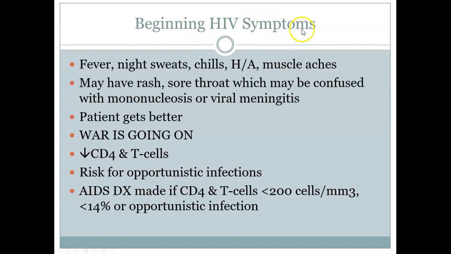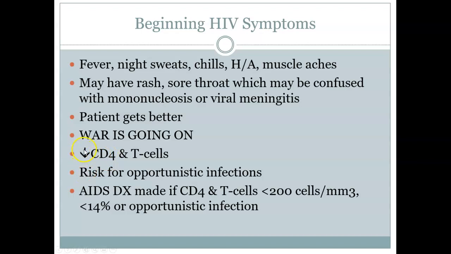So beginning HIV symptoms, the patient will have fever, night sweats, chills, headache, muscle aches, rash, sore throat. The person might think they have mono or viral meningitis, but then they get better. But what happens is that a war starts going on where the HIV virus starts infecting the CD4 T cells, and it starts dropping them below normal.